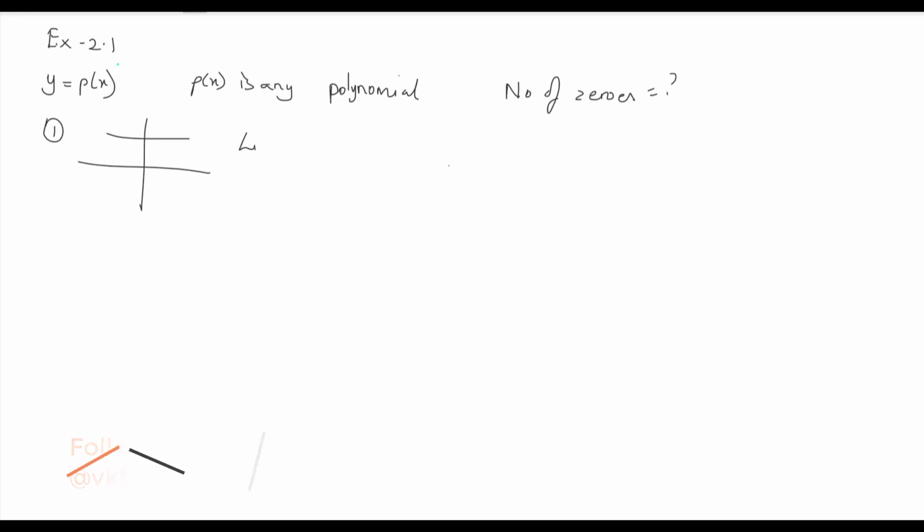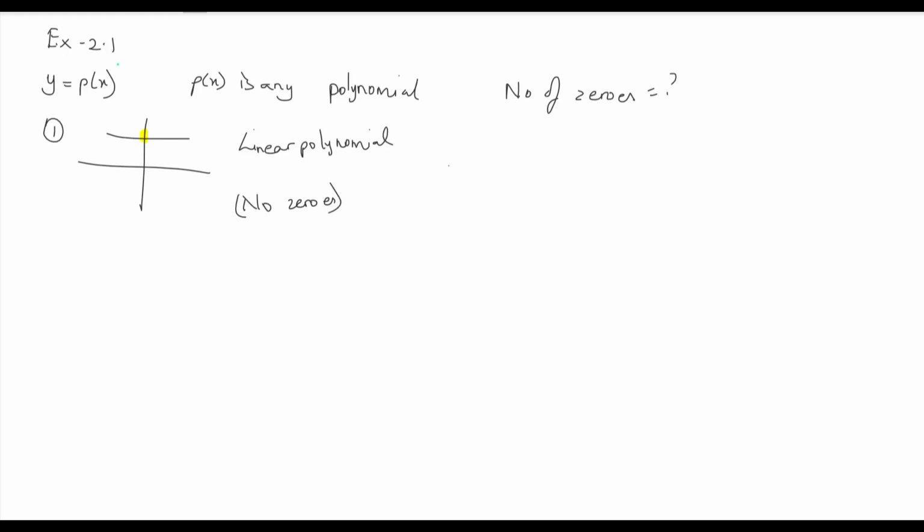A straight line indicates what? A linear polynomial. And it's not cutting through the x-axis, it's only cutting through the y-axis. So therefore there are no zeros.